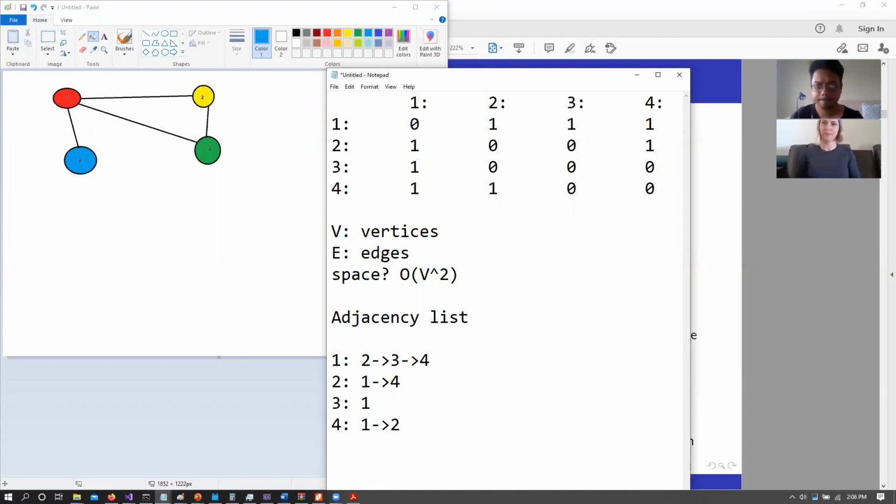Just a clarification, where you have the 2 pointing to the 3, that's not representing a connection between 2 and... No, you are correct. That's a very nice observation. So when I write something like this, when I say 2 is connected to 3 and 3 is connected to 4, it does not mean that I'm designing the graph itself using linked lists.